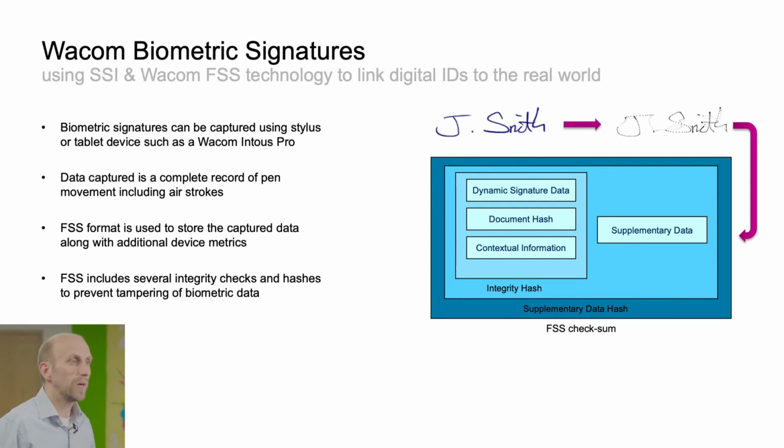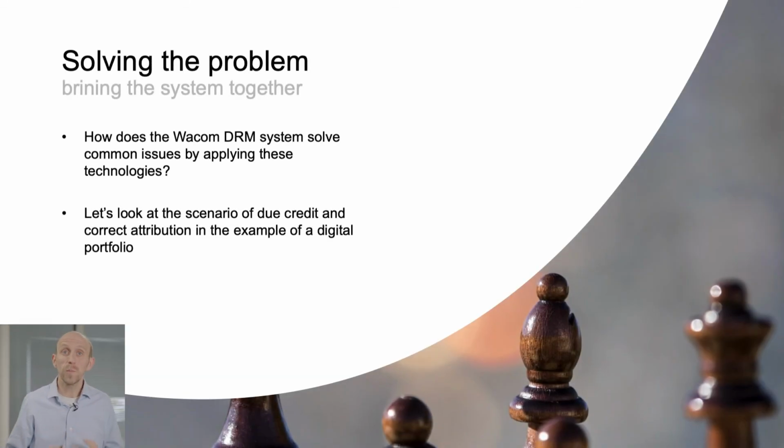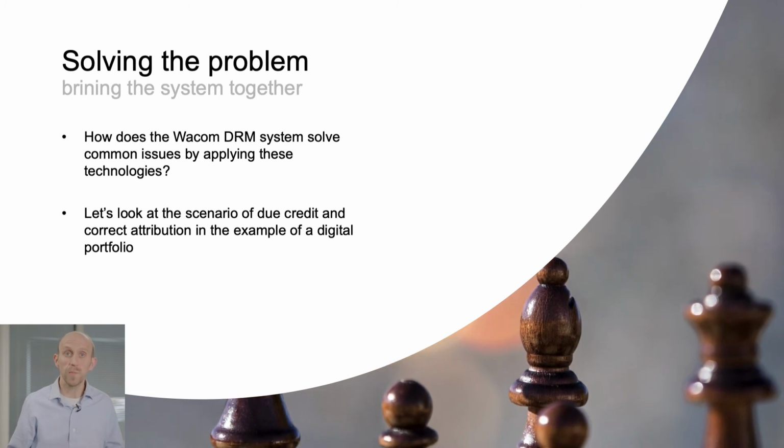The Wacom watermarking technology enables the link between the content itself and the relational web, and by using the concepts of DID and DID documents, we can ensure that the relationships defined within the web are cryptographically secure and verifiable.